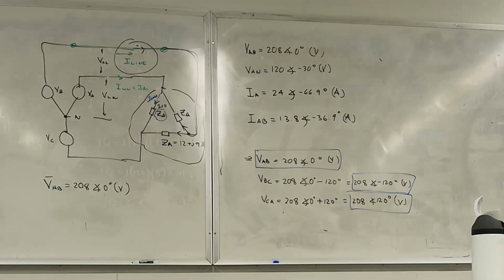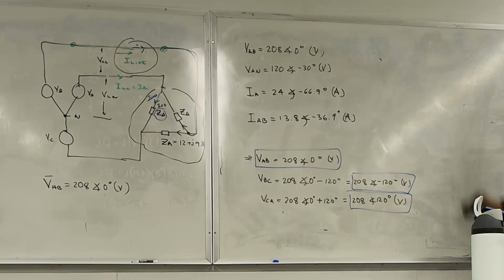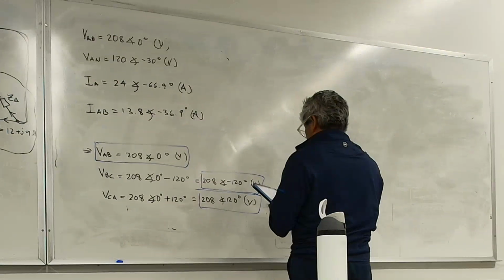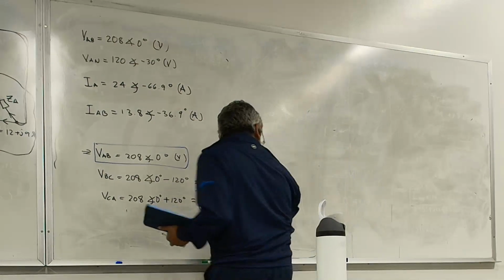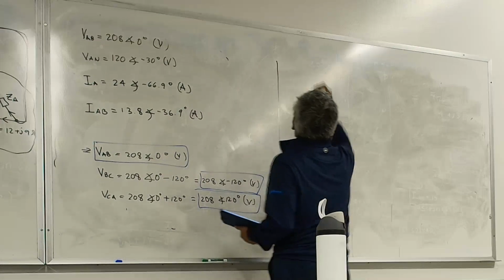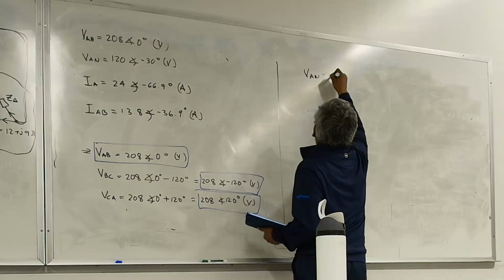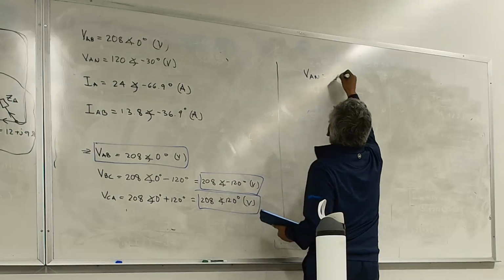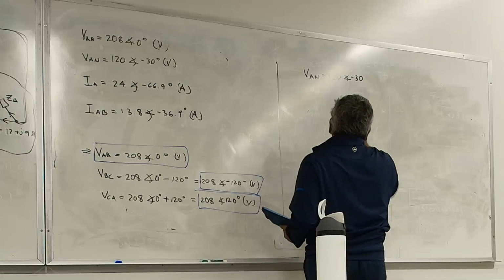Now, what about the line to neutral voltage? Well, I know the A to neutral. If I know the A to neutral, I know the B to neutral and C to neutral using the same approach. So V A to neutral is equal to 120 angle of minus 30 degrees. I'm going to keep that one.